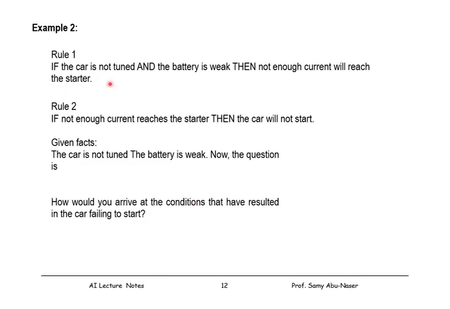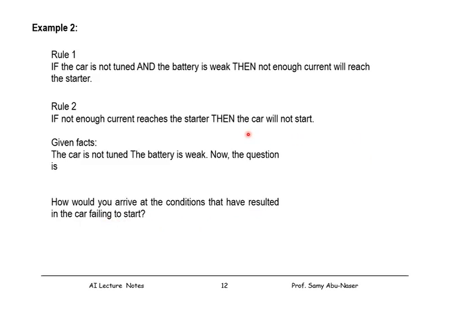We check in the right hand side here from rule 1 and rule 2, taking in consideration the facts. We have facts: the car is not tuned, the battery is weak. So the question asks what resulted in the car failing to start.